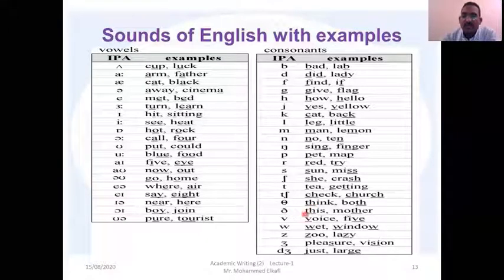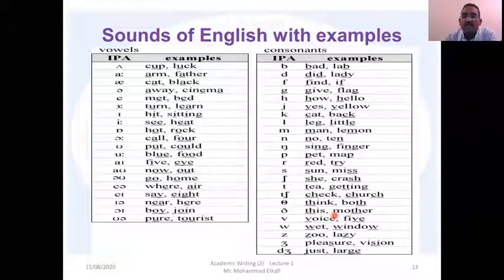This one is the. When you find th, it can be pronounced as th or even the. It depends on the word itself. So here we have this, mother.